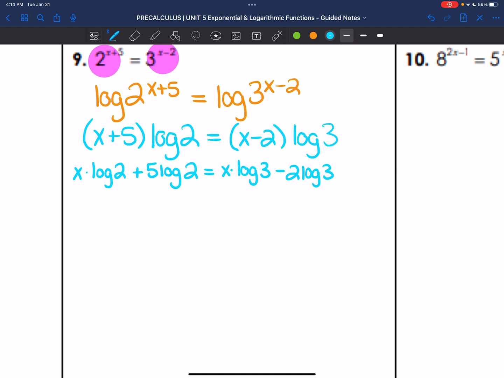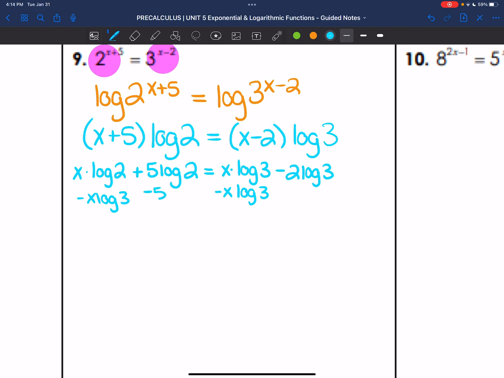Now to solve this, it's going to be good to get those with x on one side. So I'm going to go ahead and subtract the x. I'm trying to think here if there's a best way to do this. It doesn't matter which way, so I'm just going to put the x's on the left side over here. So subtract that, minus x log 3.